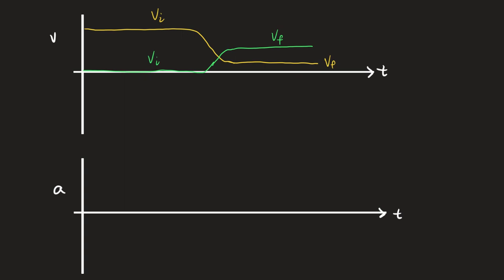You should see if the momentums are equal before and after the collision. That would be momentum of the green car before the collision plus momentum of the yellow car before the collision. Is it equal to the momentum of the green car after the collision plus the momentum of the yellow car after the collision?